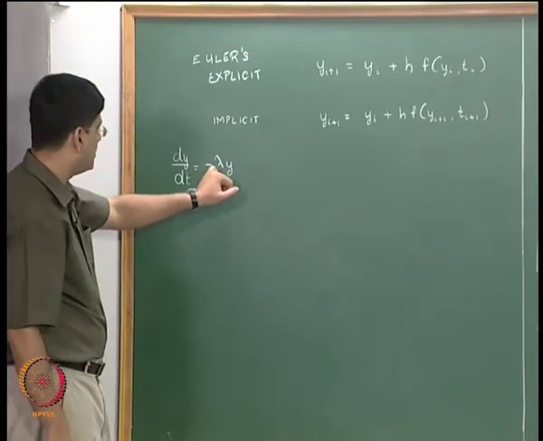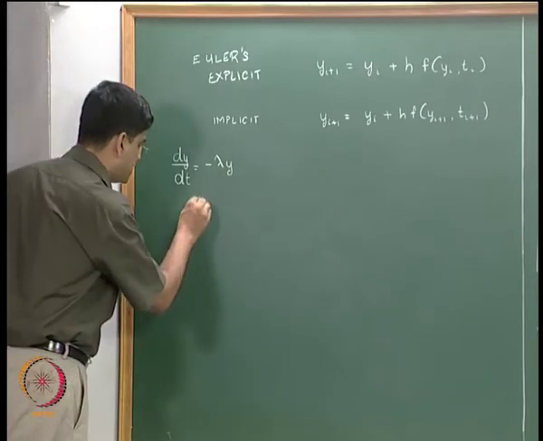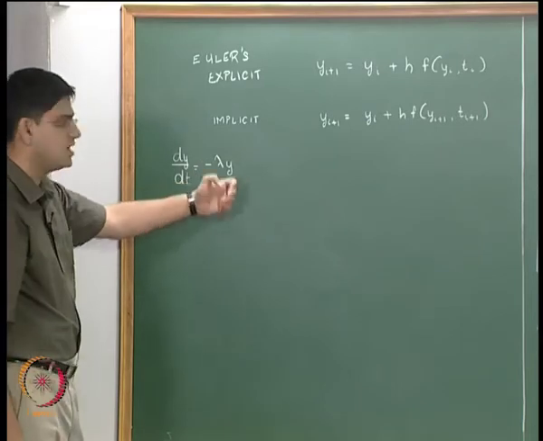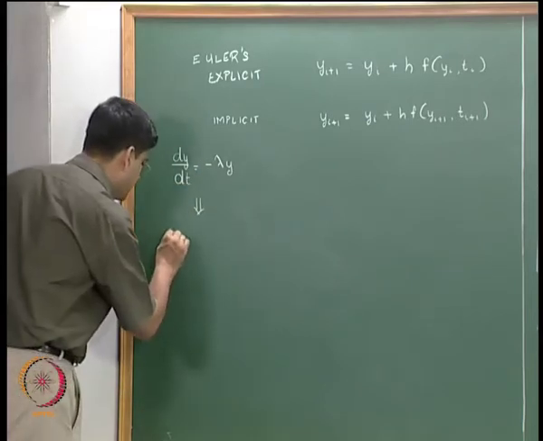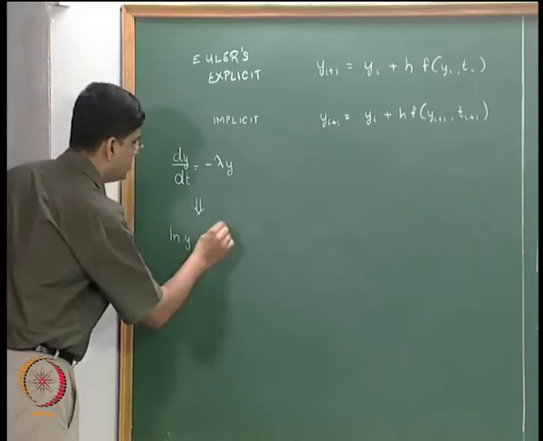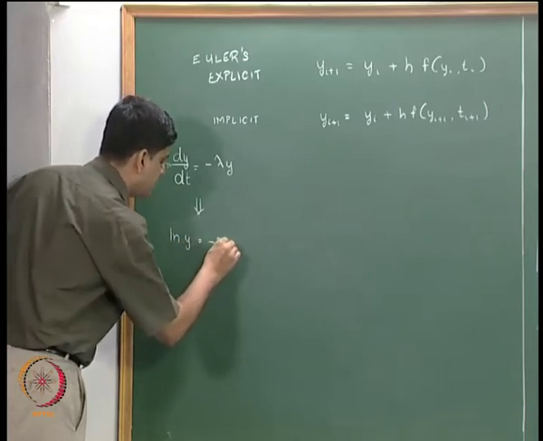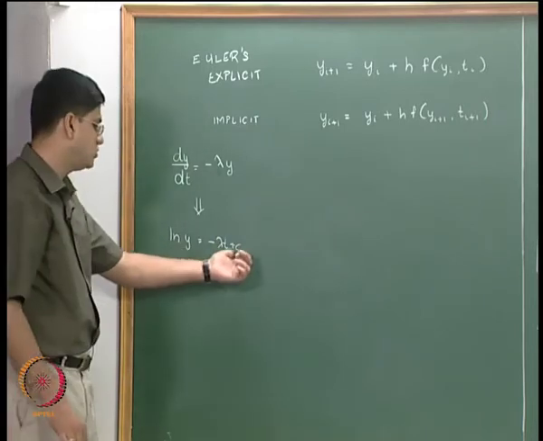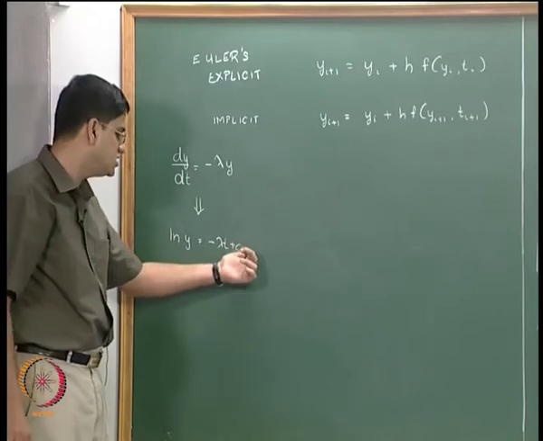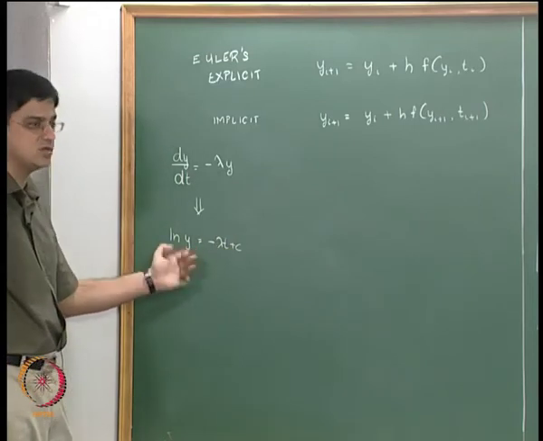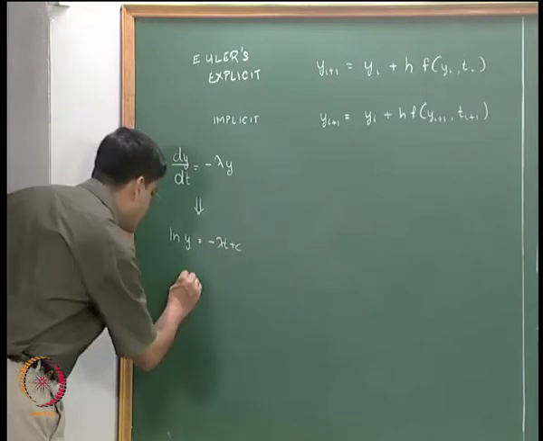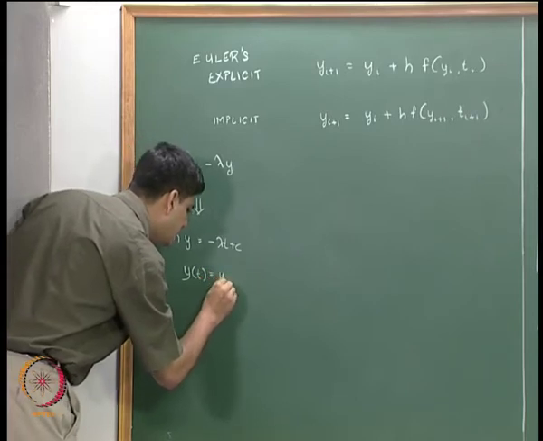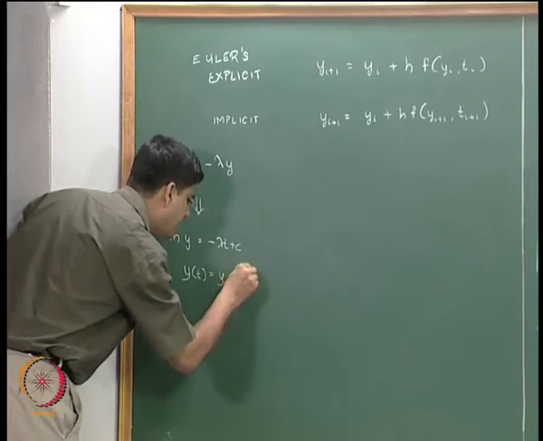Now if we want to solve this equation analytically, we divide throughout by y, take dt on the other side and integrate, and we get ln of y equal to minus lambda t plus constant c. At t equal to 0, we have y equal to y0, so the constant c is going to be equal to ln of y0. We just rearrange this and we get y at any time t equal to y0 e to the power minus lambda t.